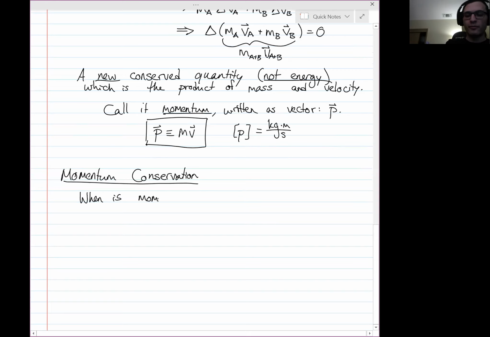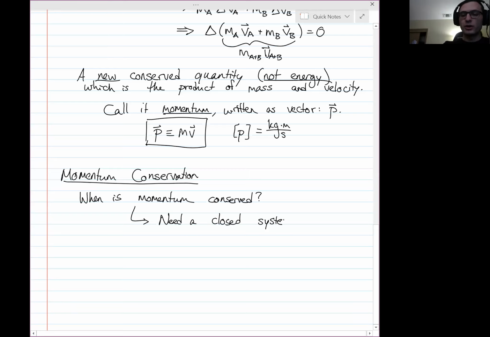Now, fortunately, it's basically the same as when energy is conserved. For energy conservation, we needed no external work. For momentum conservation, we need a closed system. Remember what a closed system is.